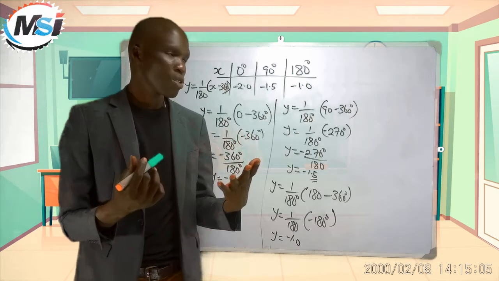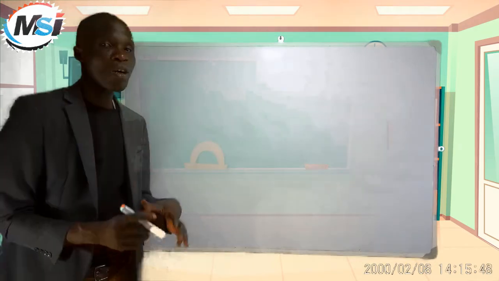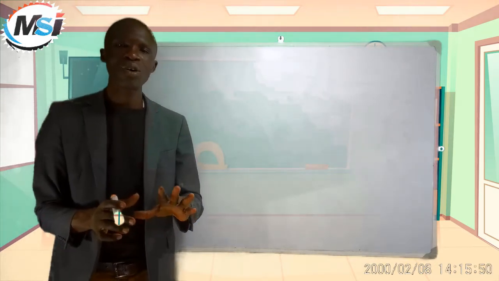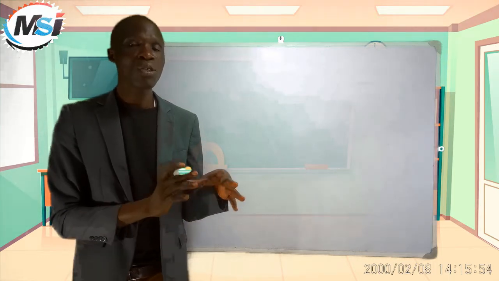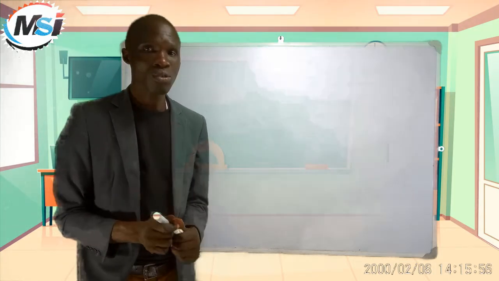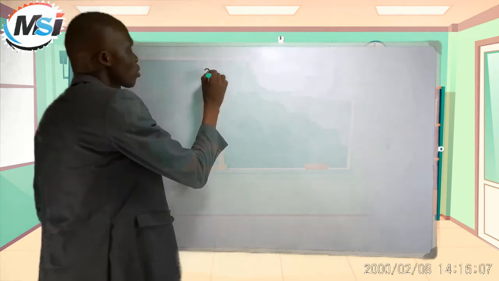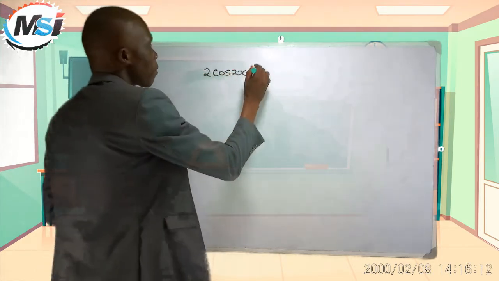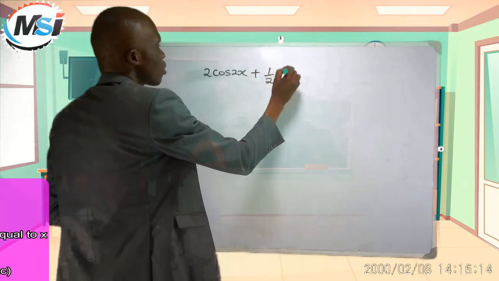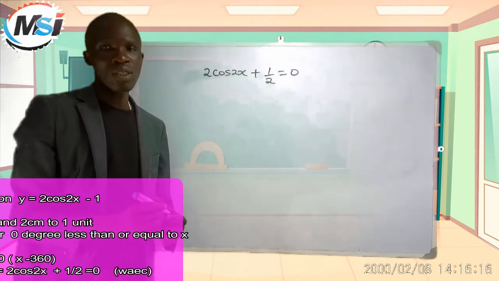So that is what we want to solve now. Okay class, now let's find the value of x for which 2 cos 2x plus 1 all over 2 equals 0.